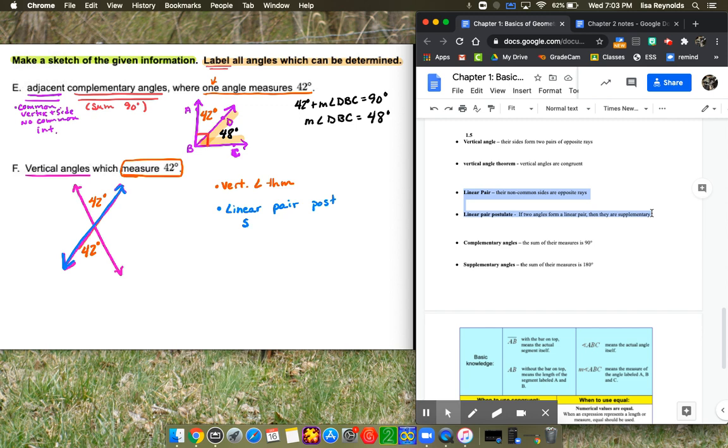And remember that supplementary is going to give me a sum of 180. So 180 minus 42 degrees is going to be 138 degrees. And now I can use the vertical angles theorem again to get 138 degrees from the other side of it. So we can actually figure out all four of the angles in this picture.